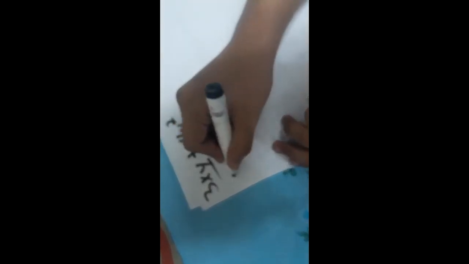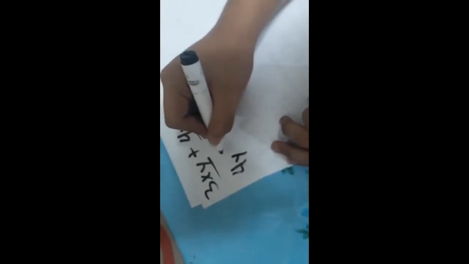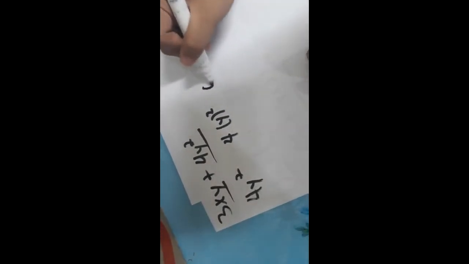The next thing we will do is solve for the second term. So we have 4y squared. As you can see, we have the chain rule, which we learned earlier.